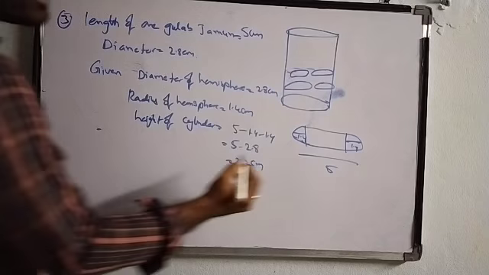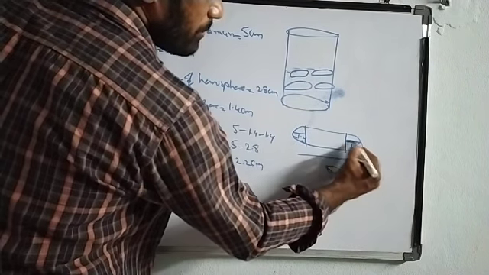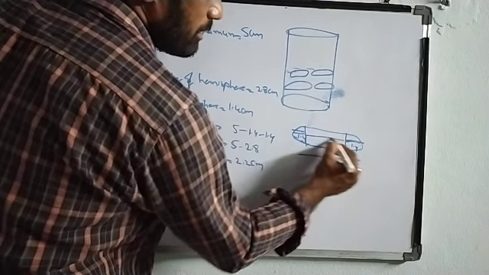So this is the height of the cylinder. Why? Because from the total I have to subtract this 1.4, 1.4, so that only I will get the height of the cylinder.